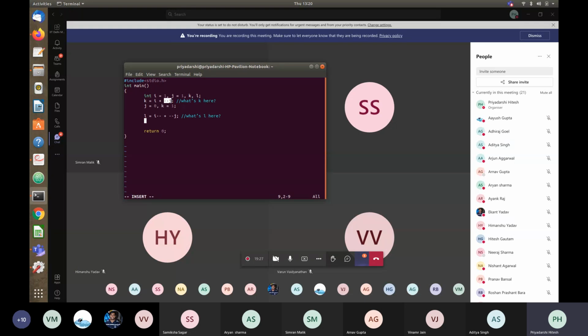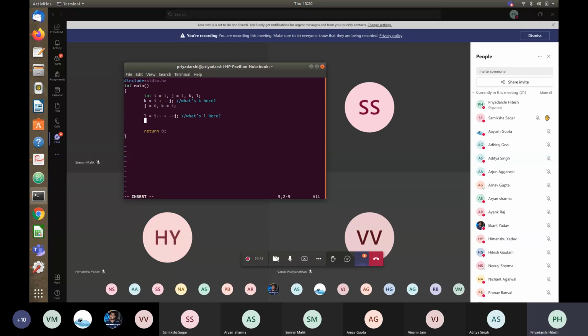l equals to i-- plus --j. First tell me what will happen if you are given this to execute. There is no compiler, you are solving it like some board math. So what will you do first if you are given this equation? Yeah, Samiksha, you can unmute and say, and Himanshu.